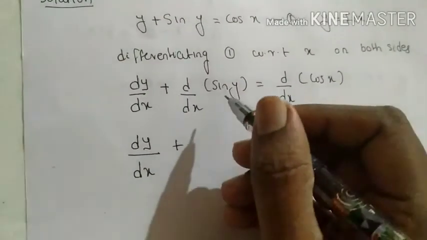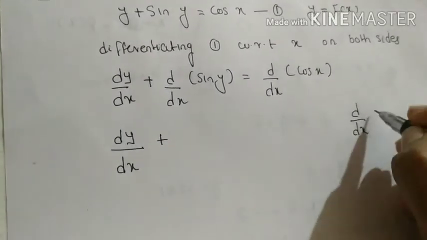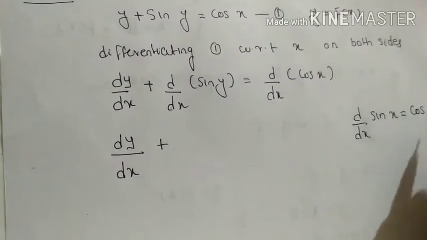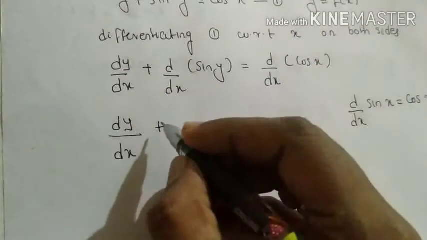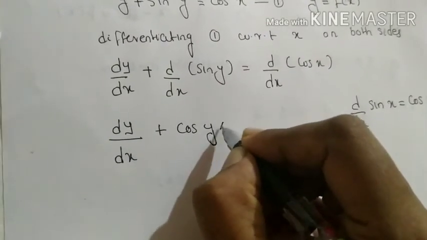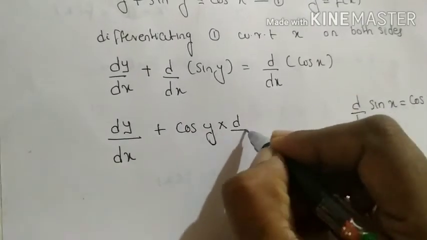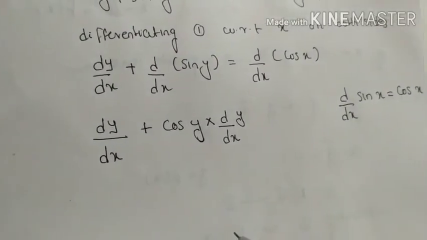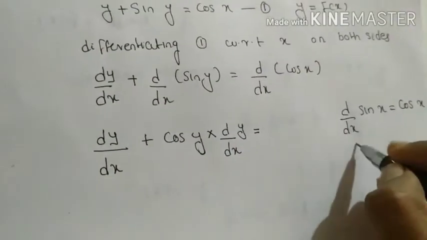We know that the standard derivative of sin x is cos x. Here we need to find the derivative of sin y. So we write here cos y into, since y is another function, we need to find derivative of y, that is dy by dx, and which will be equal to derivative of cos x.